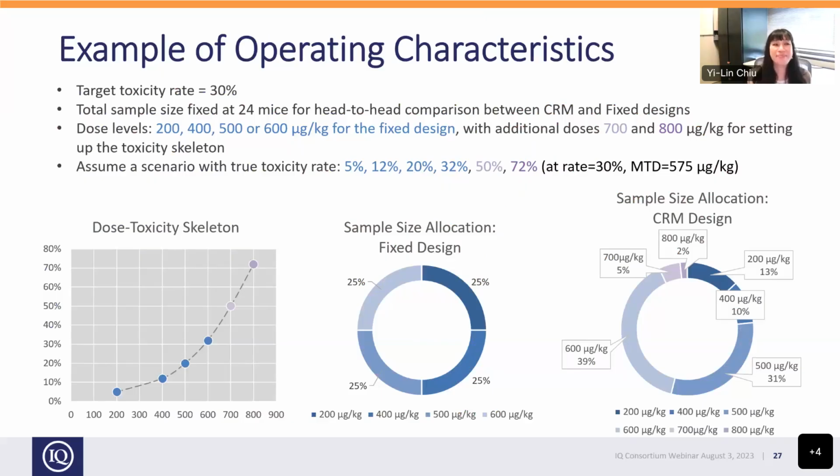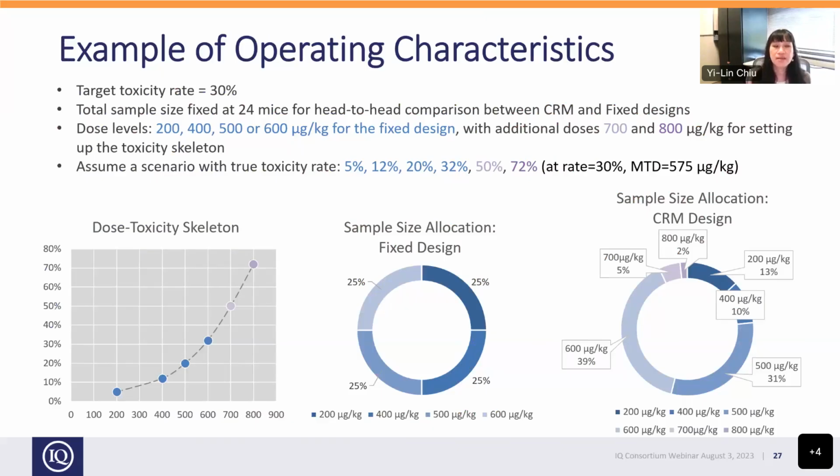Numbers are made up, but we can interrogate the operating characteristics of the design and compare with the fixed design. In this particular example, we are forcing the fixed design to go through all 4 dose groups, right?